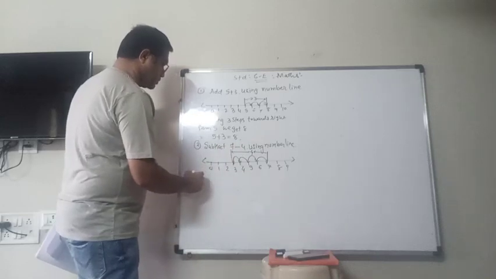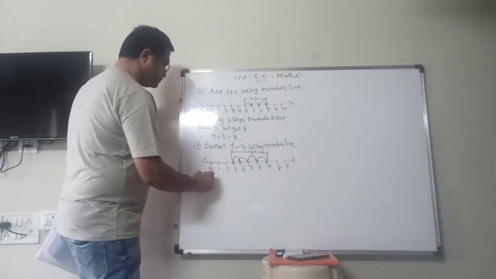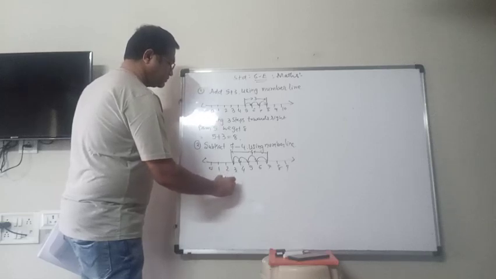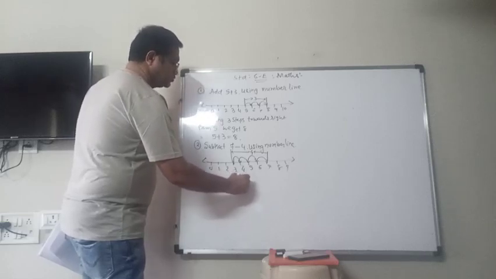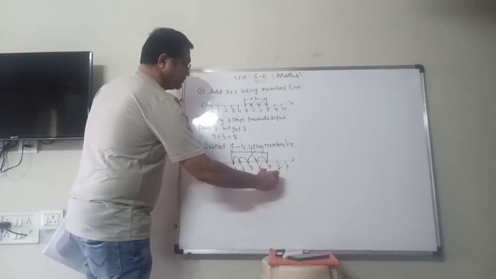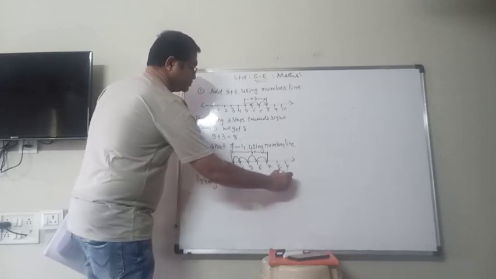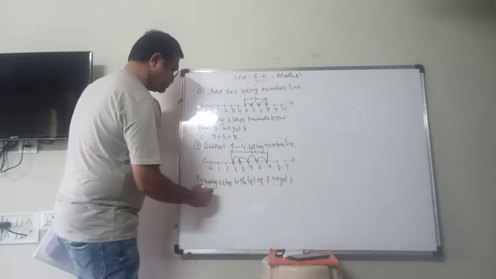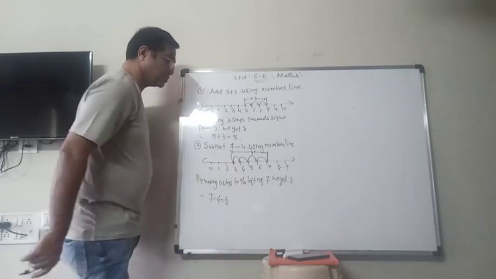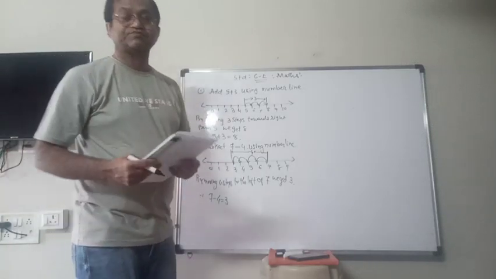So by moving 4 steps to the left of 7, we get 3. Therefore 7 minus 4 equals 3.